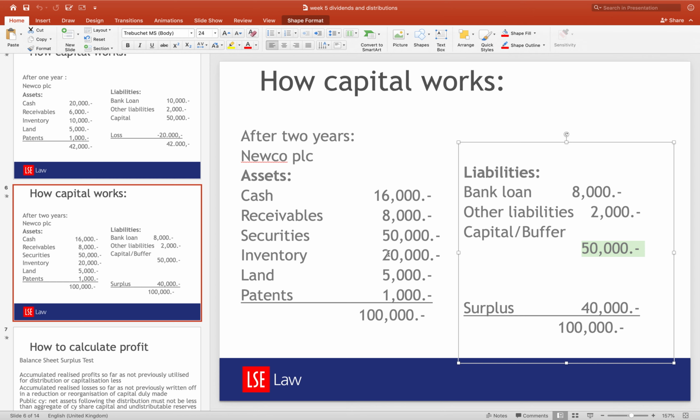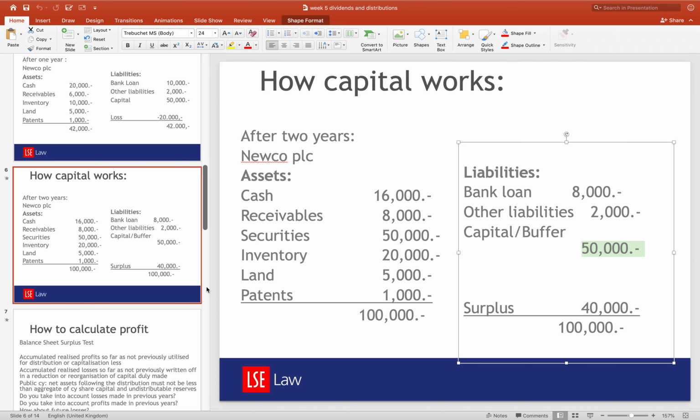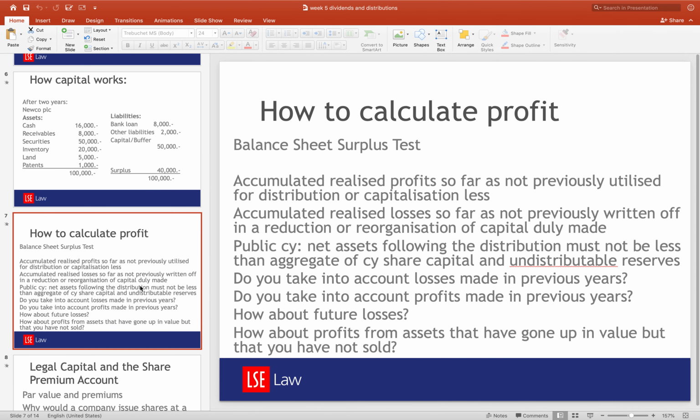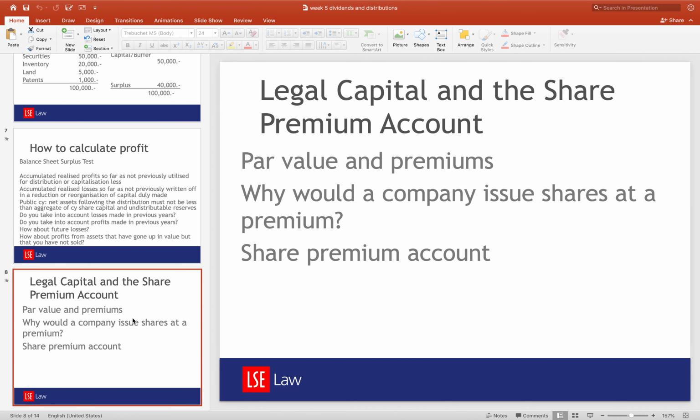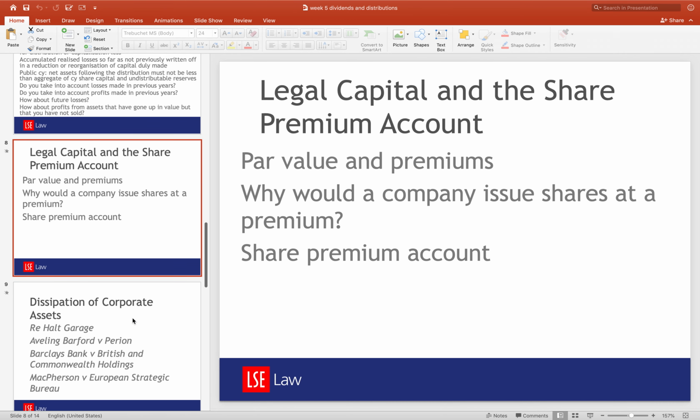And the idea is that we are looking after creditors by limiting the ability of the company to make a distribution. We looked at the profit calculation rules. We said that the share premium account also remembers the premium paid by the shareholders.